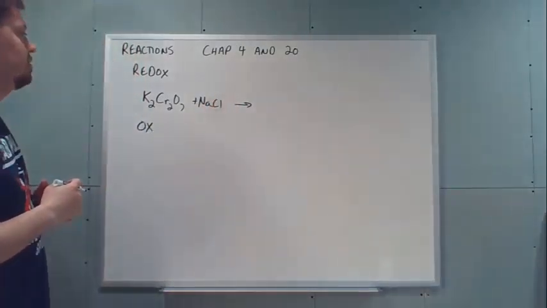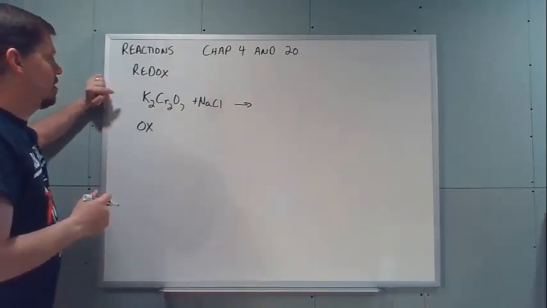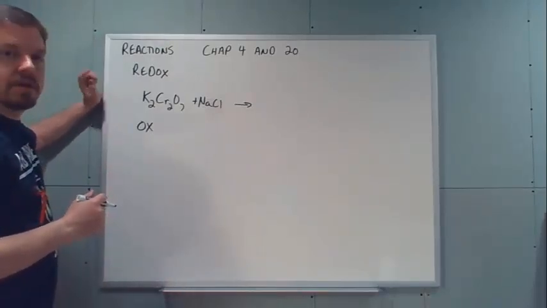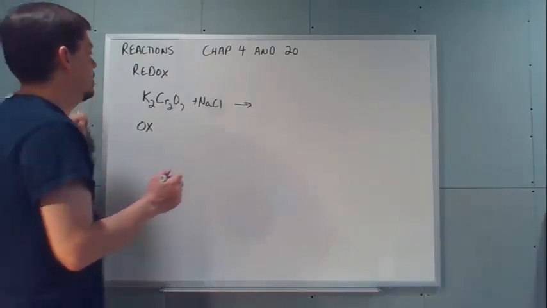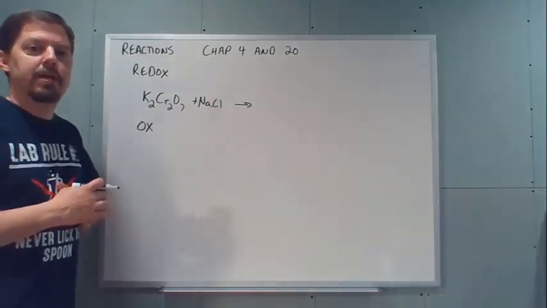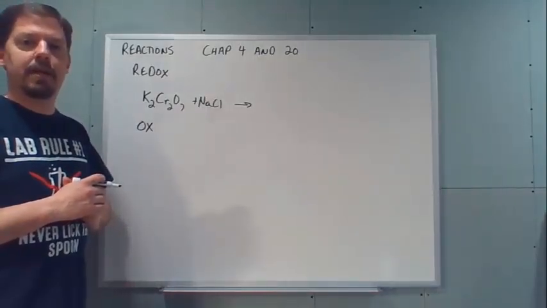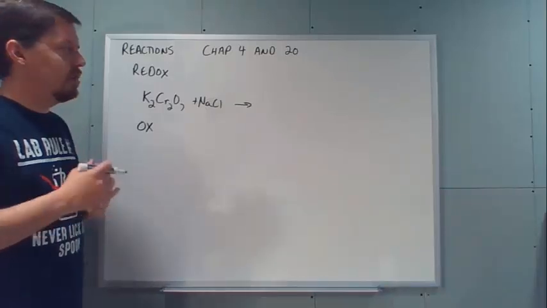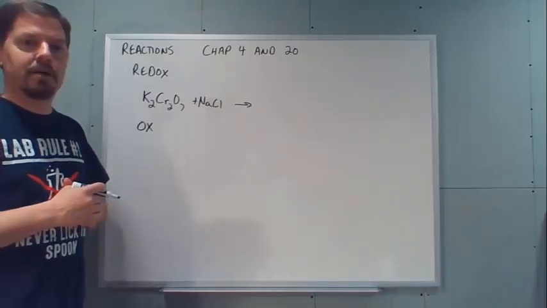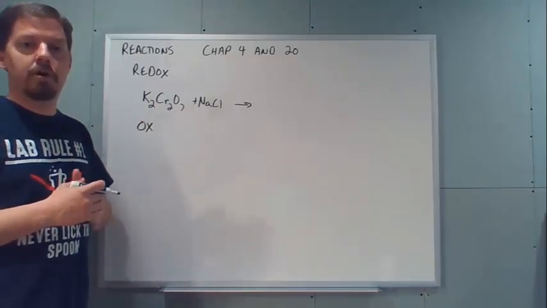All right, so the oxidation has to be where your charge is going up, right? So that's not as clear here, but what we usually can do is figure out what some of our spectators are right at the beginning. We know which substances are always soluble. We know that these things are always going to occur in water.